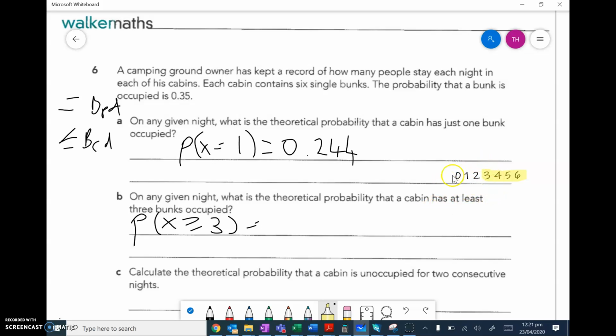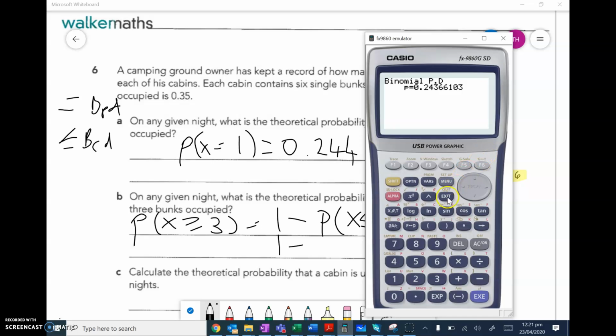Now that means I'm going to work out the probability of this part and take it off 1, because in total this is going to equal 1. So I'm going to write it's equal to 1 minus the probability that x is less than or equal to 2.